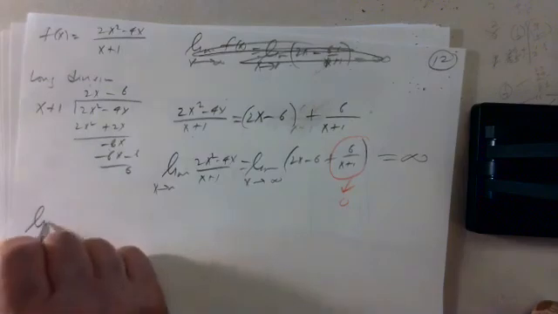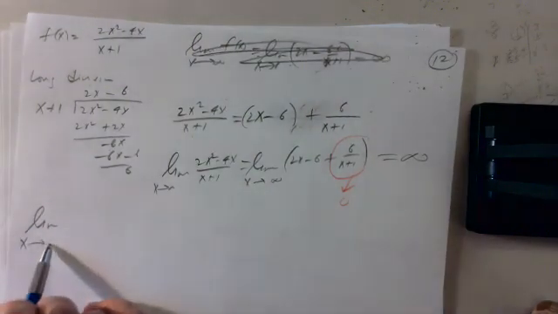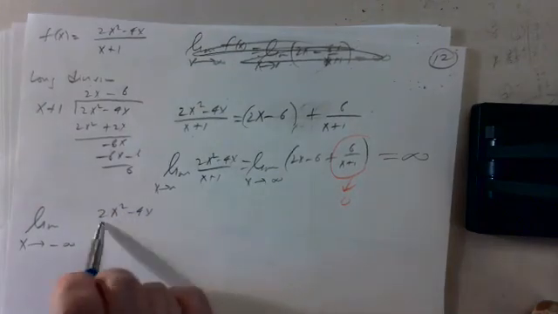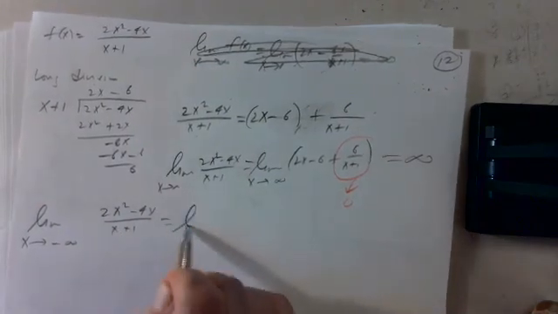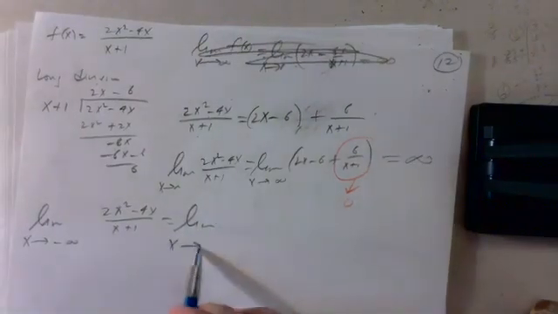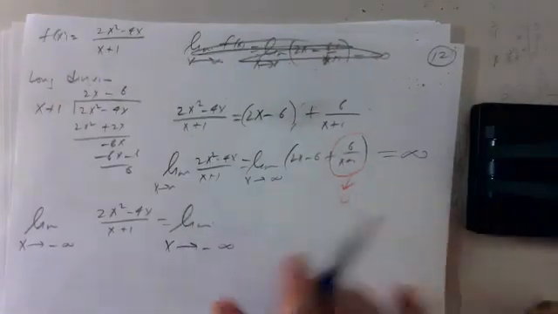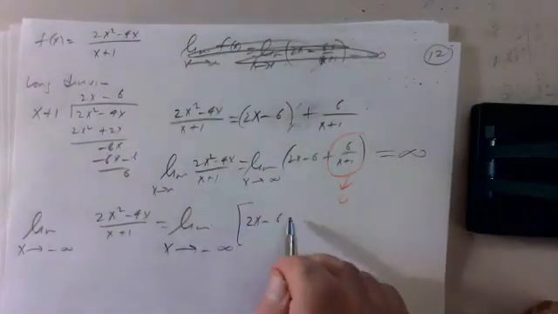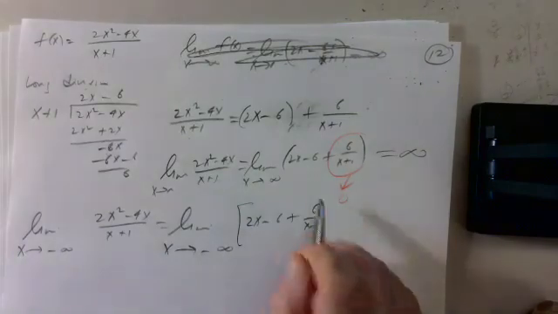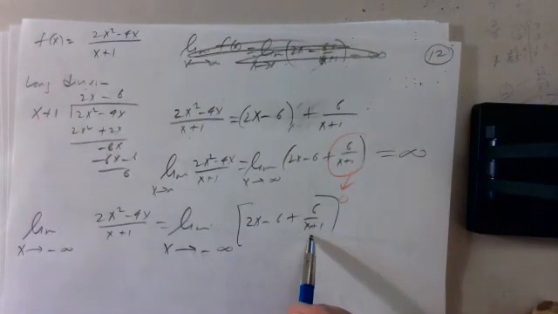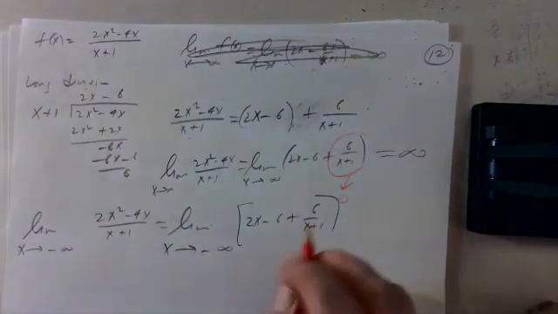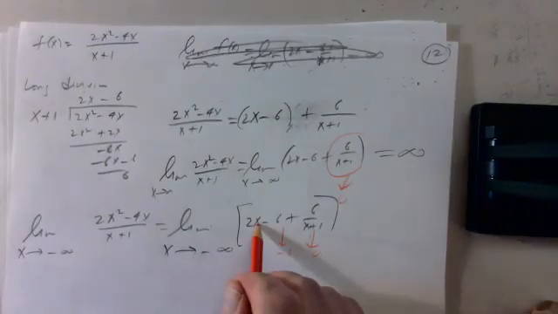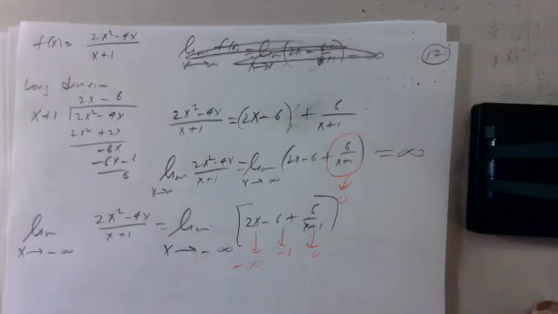And if I were to take the limit as x goes to -infinity of 2x squared minus 4x over x plus 1, that's the limit as x goes to -infinity of 2x minus 6 plus 6 over x plus 1. This goes to 0. This goes to -6. But as x goes to -infinity, 2x goes to -infinity.